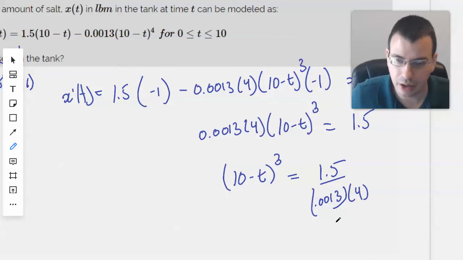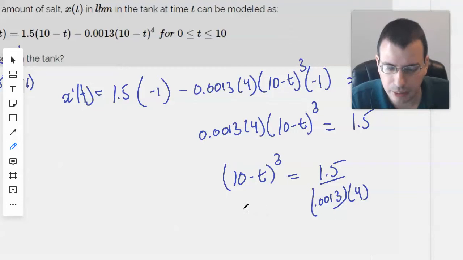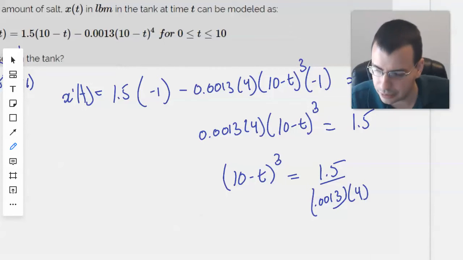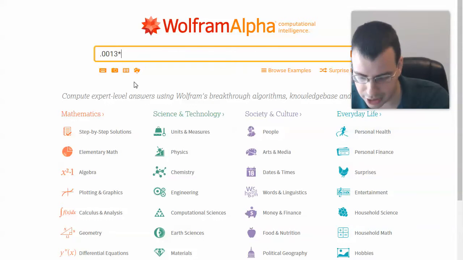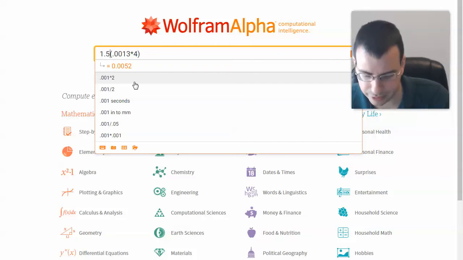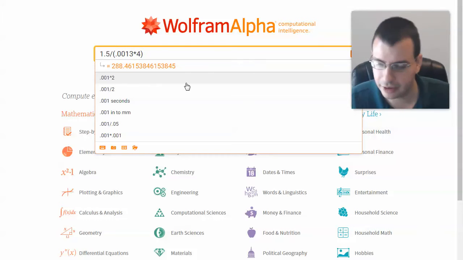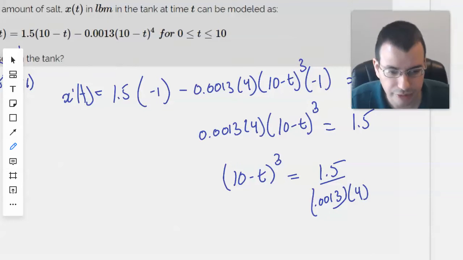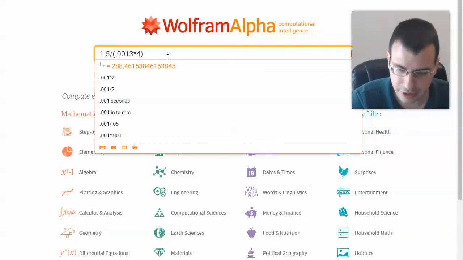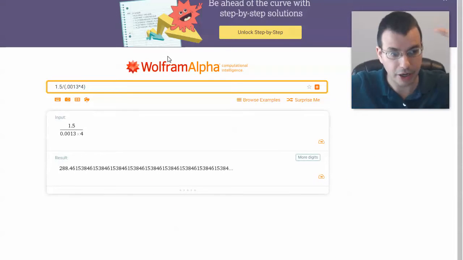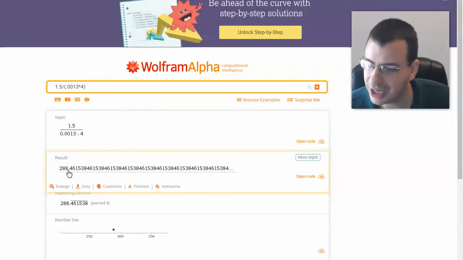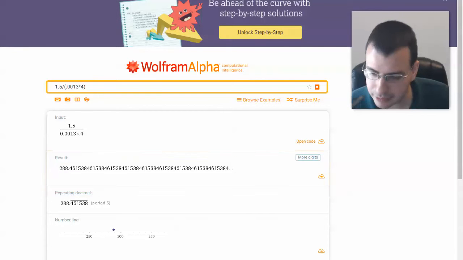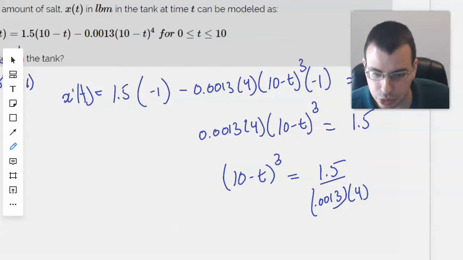Let's check real quick what the answer is. Oh, Wolfram, how I love you. 288. But then we're going to have to cube root that.